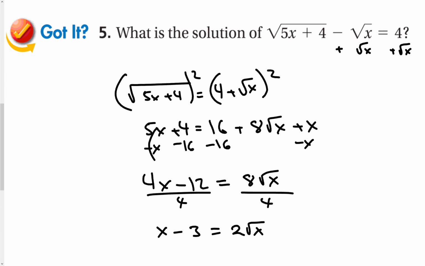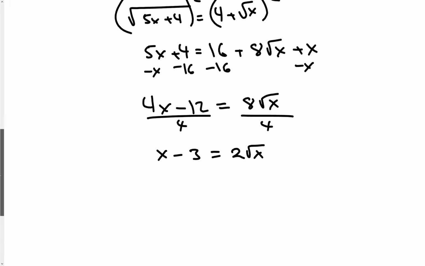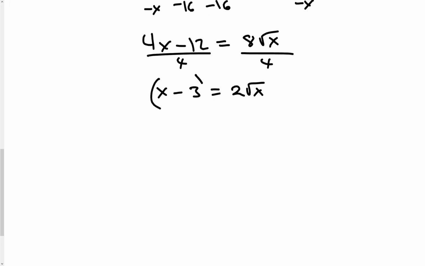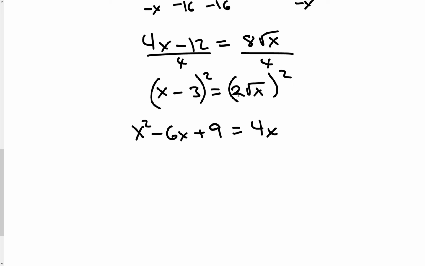Now, however, when you square both sides, you have another binomial that you have to deal with. So that's x squared minus 6x plus 9 is equal to 4x, the 2 squared and the square root squared.